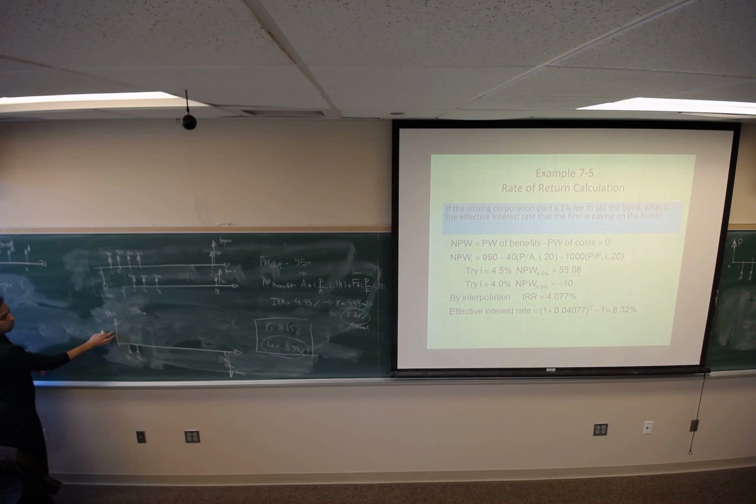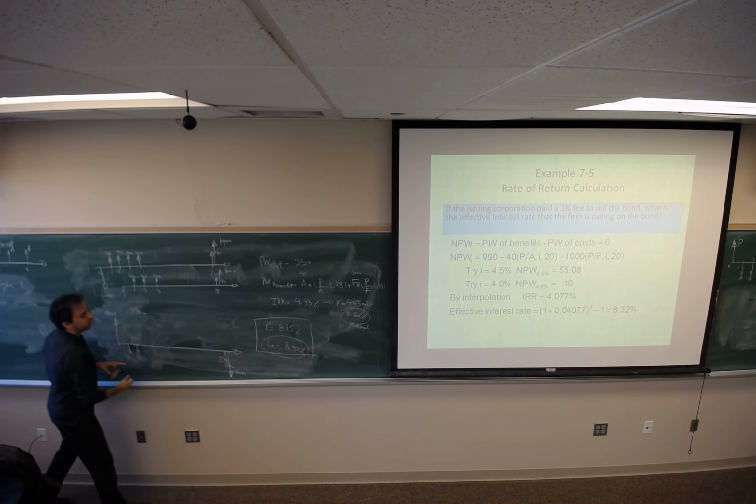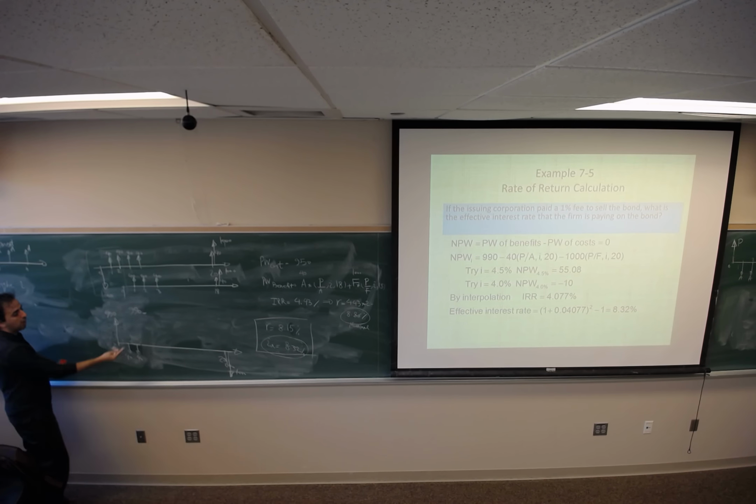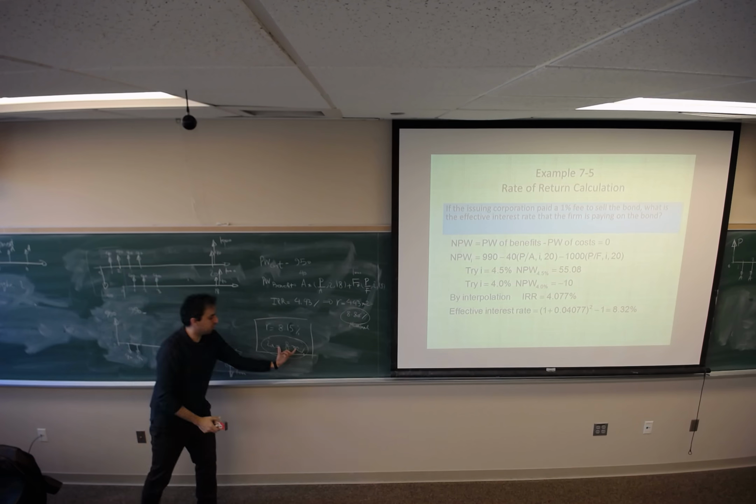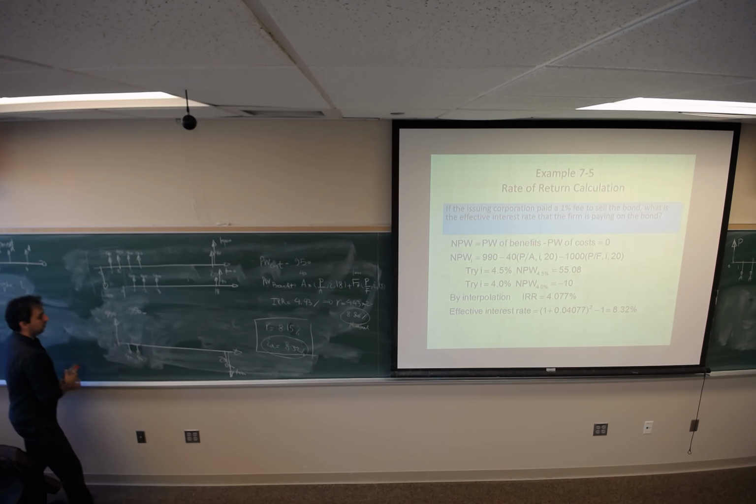Basically the corporation is borrowing money from you, because you pay them at the present time, and in return they pay you in future years. So they are borrowing money from you and they would like to have a lower I for this borrowing.